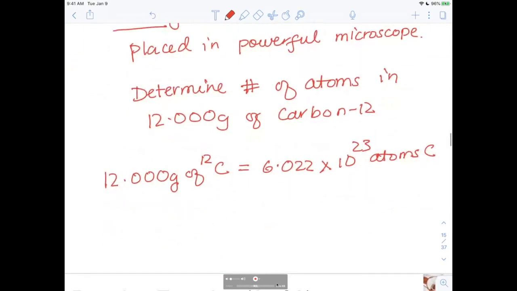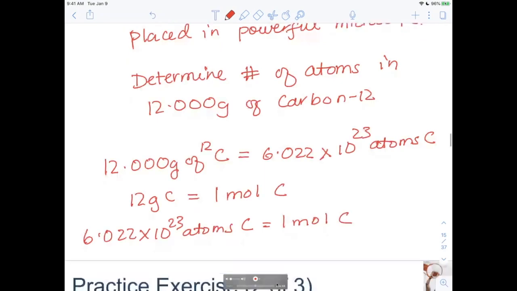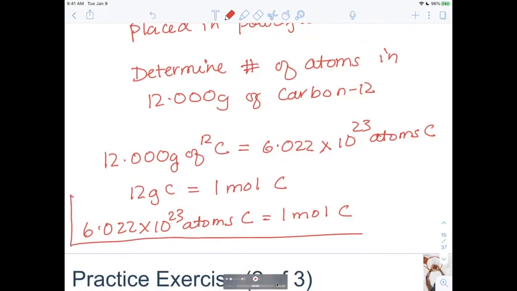So this became the standard. And remember, this number of atoms of carbon is the same thing as 1 mole. So what we can say here is 12 grams of carbon equal 1 mole of carbon, or 6.022 times 10^23 atoms of carbon equal 1 mole of carbon. From here, I want you guys to understand this relationship. This is how I look at it.